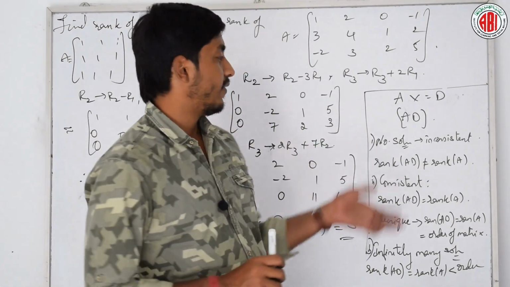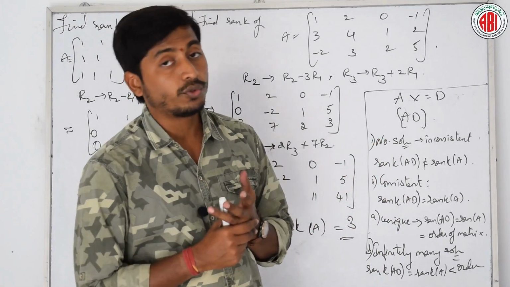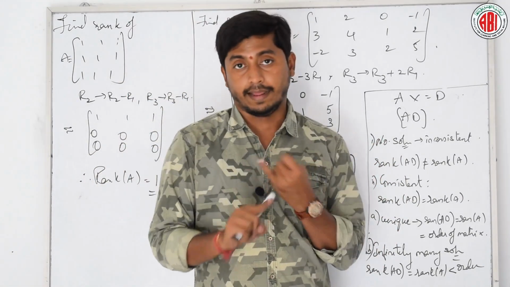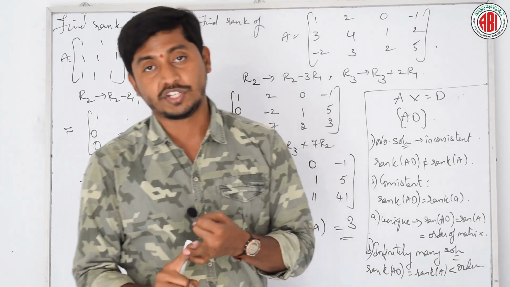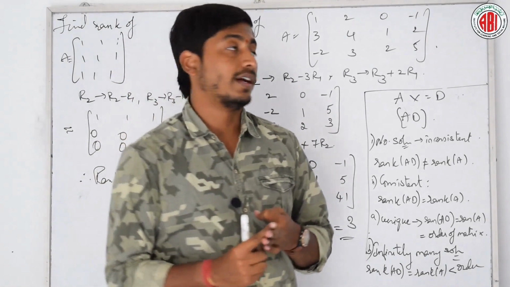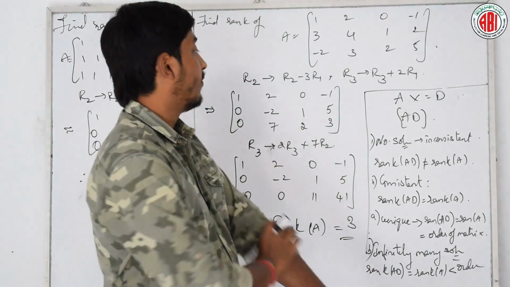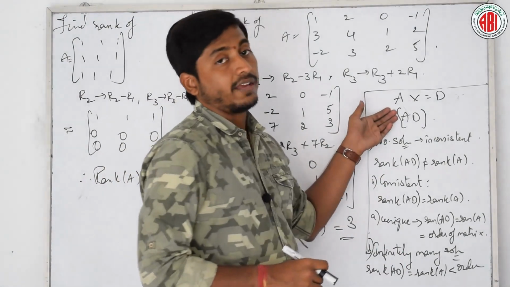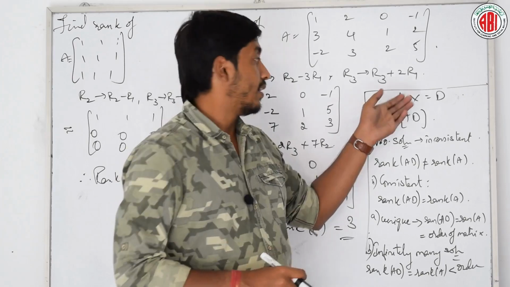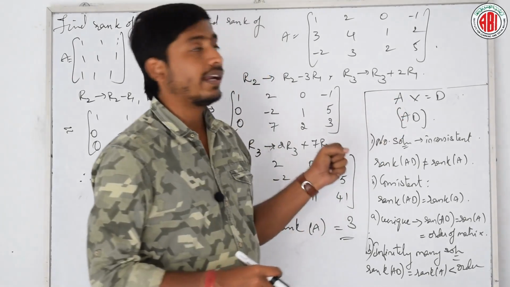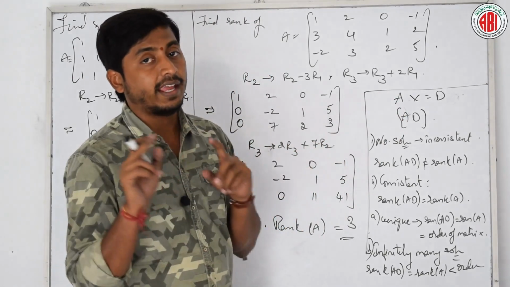These are all the different things which we have to remember. What did we do today? We learned what a rank is, how to do elementary transformation, and we also learned rank by using submatrices. Then we learned that if a given system is a simultaneous linear equation, we have to find the rank of AD and A.